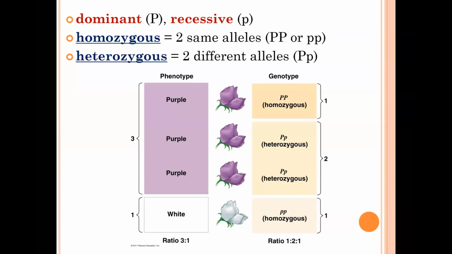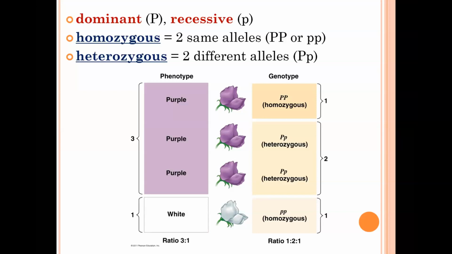Big C, little c, heterozygous. Big D, little d, heterozygous. Big E, little e, heterozygous. Little f, homozygous. Hopefully you're following along with the homework with me. If not, you need to pause and go back and get the homework. Big G, homozygous. Big H, homozygous. And then I'm going to let you finish filling out the rest of those.